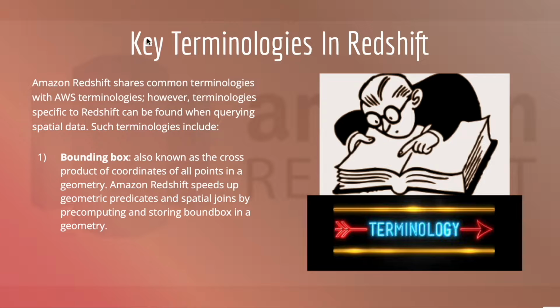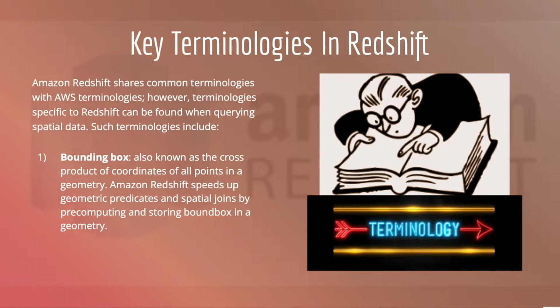Now, moving forward to terminologies in Redshift. We have different terminologies which are very common in AWS, but the terminologies that are very specific to Redshift can be found when querying. And we have terminologies like bounding box, geometric simplicity, geometric validity.